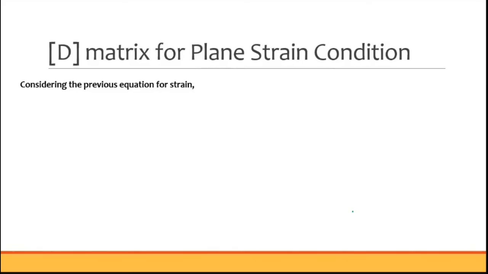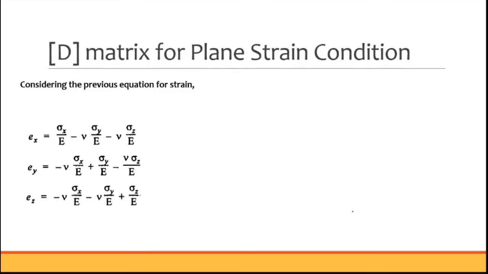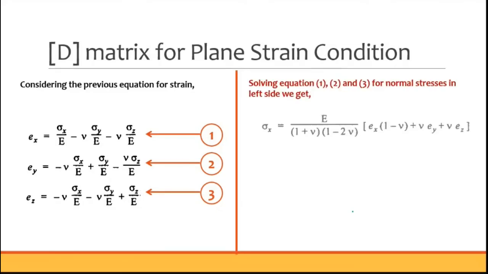So how to identify the D matrix for a plane strain condition? You have the same equations which you already discussed. I am writing all these equations in a matrix form. In all these things, strain is on this side and stress is on the other side.